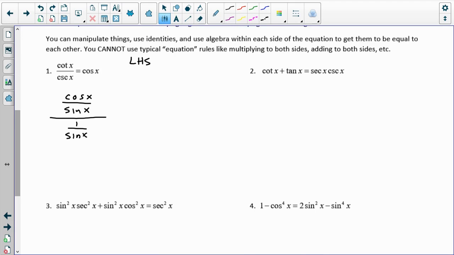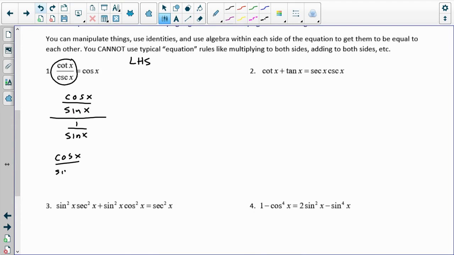So from the original given, I've now rewritten everything in terms of sine and cosine. Now I can use the fact that I have a common denominator. So sine x in the denominator of both is going to end up canceling out. Or if that confuses me, I can rewrite dividing by a fraction as multiplying by the reciprocal.